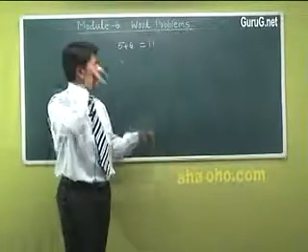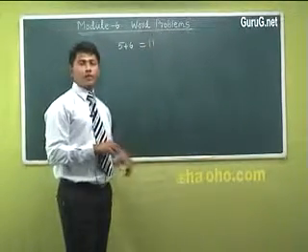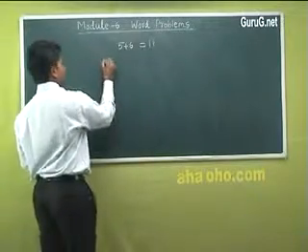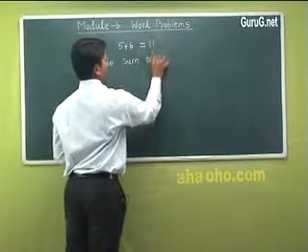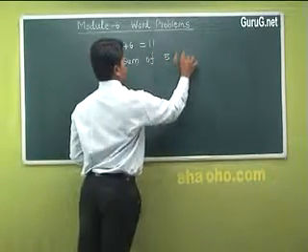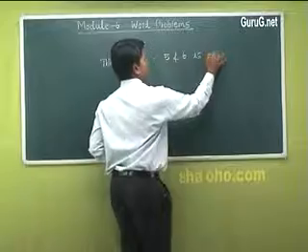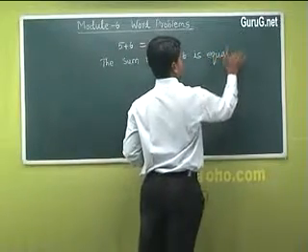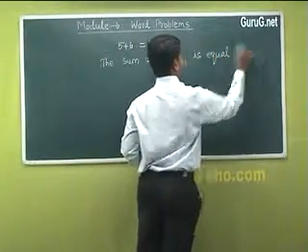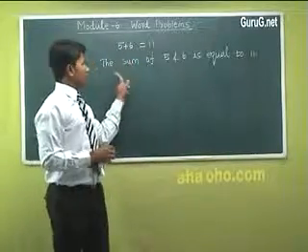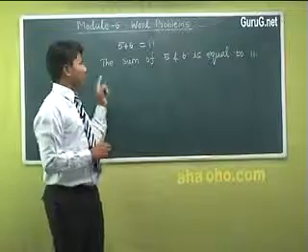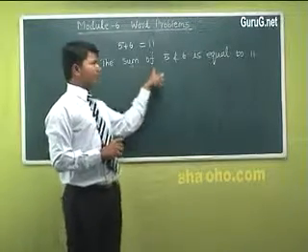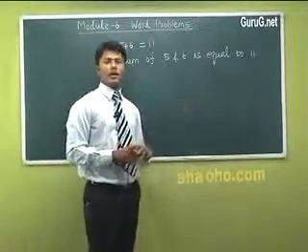But I can narrate this to form a word problem. The sum of 5 and 6 is equal to 11. So this is a word problem. 5 plus 6 is equal to 11 can be represented as the sum of 5 and 6 is equal to 11.